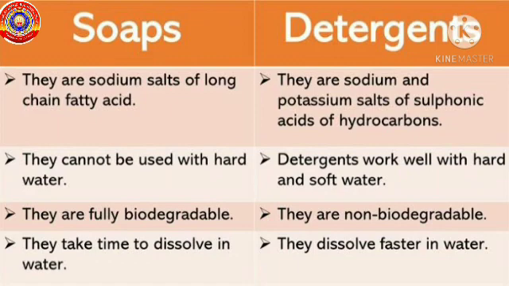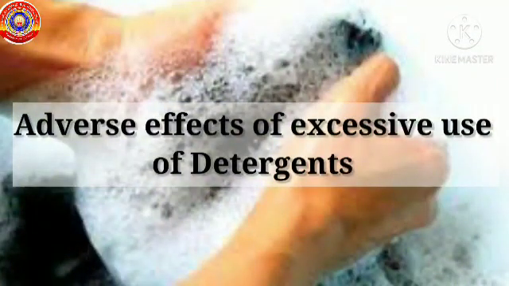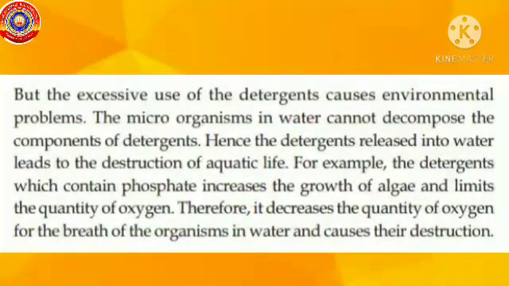Even though detergents are more effective than soap, the excessive use of detergents causes environmental problems. Now let's understand the problems caused by the excessive use of detergents. The microorganisms in water cannot decompose the components present in detergents.